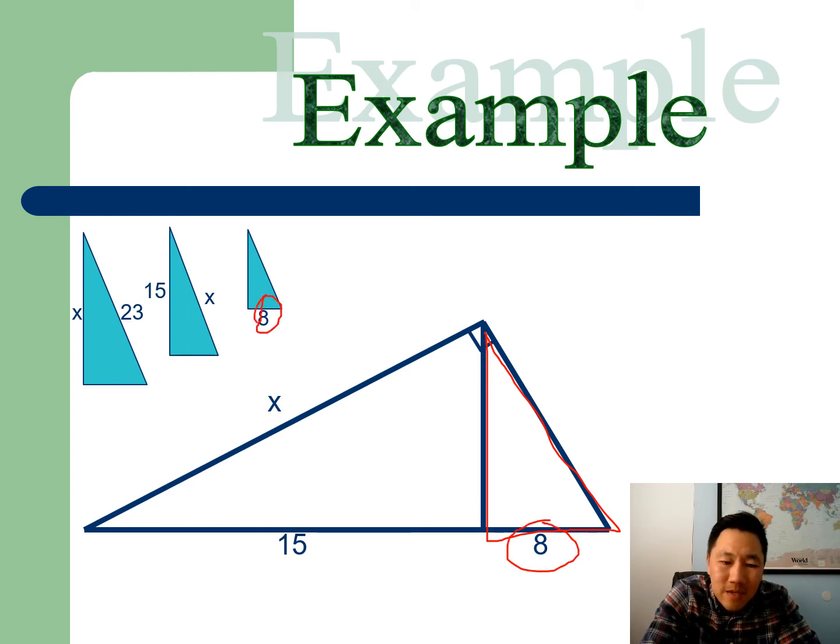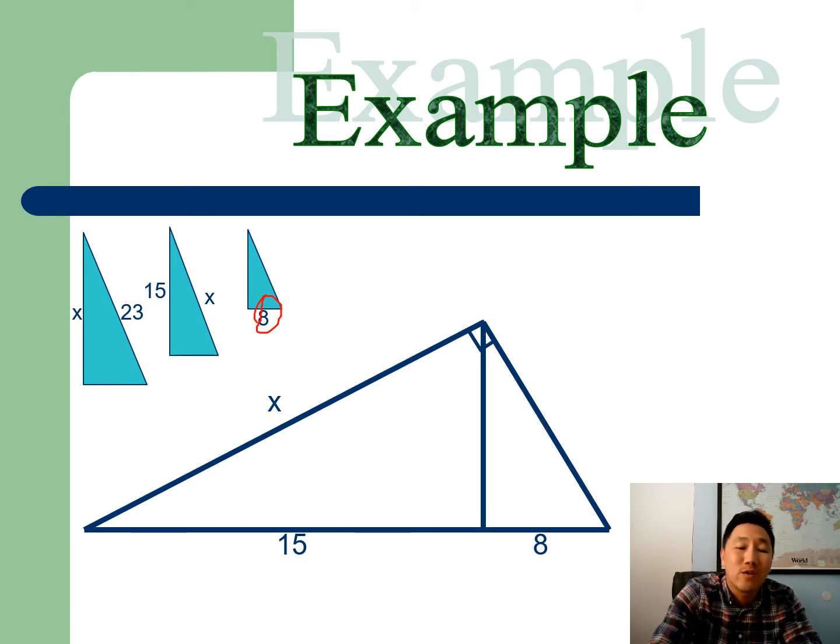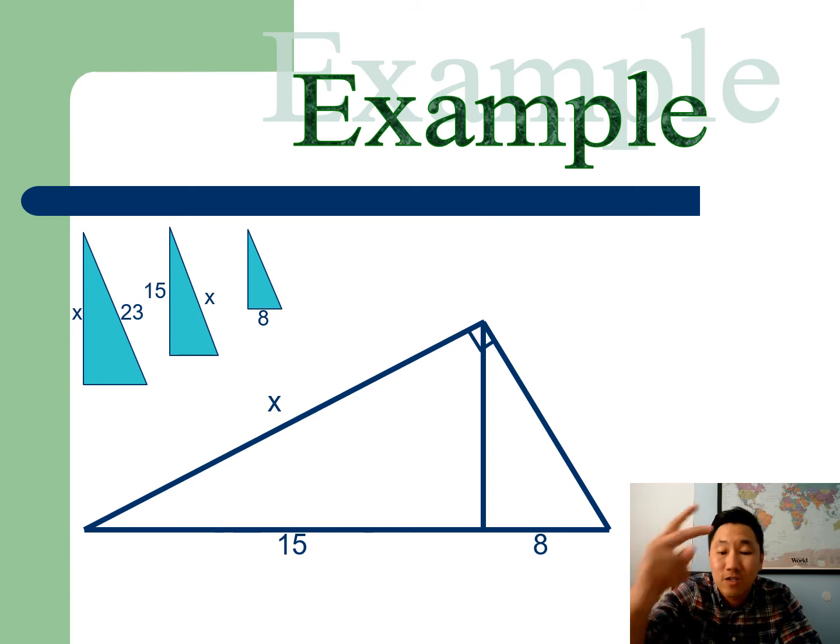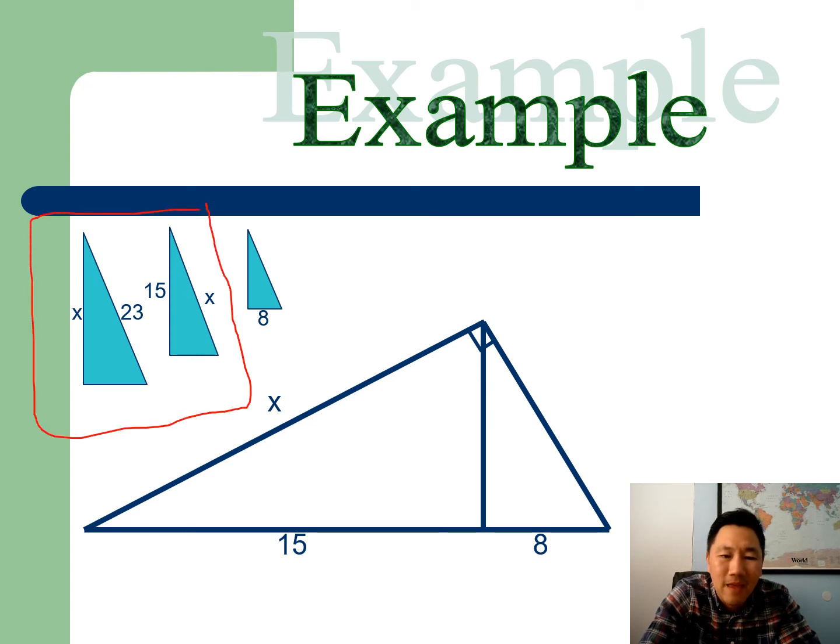Okay. Now to solve for x, you're going to look at all 3 of those triangles and see which 2 of them you can set a proportion to. It looks like these 2 have the most information, and they're going to help you set the proportion to solve for x. There it is.